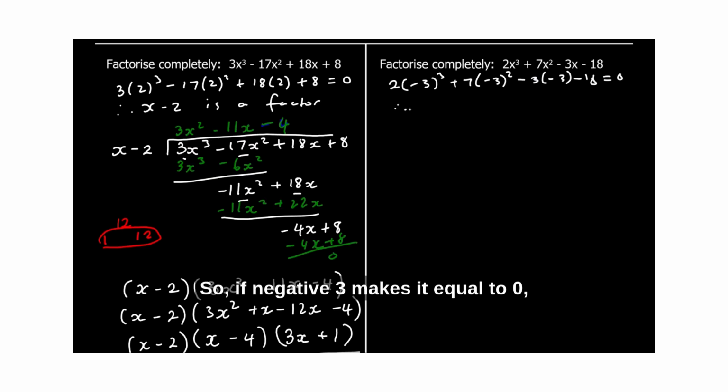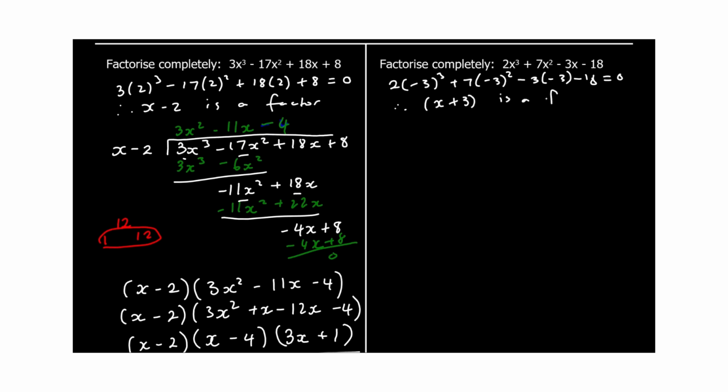So if -3 makes it equal to 0, that means x plus 3 is a factor. Then I can divide by x plus 3. So x plus 3 on the outside.